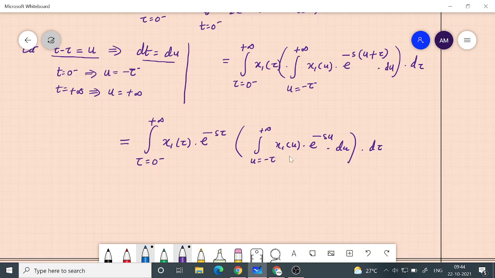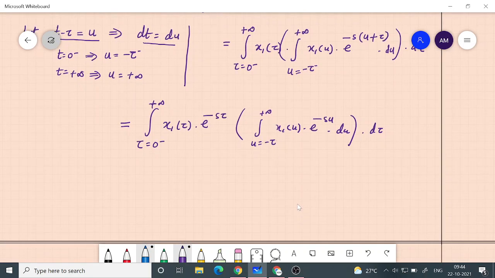So we are integrating x1 from minus tau to plus infinity, and we already said that this function x1 of u doesn't have any value in the negative values of the argument.